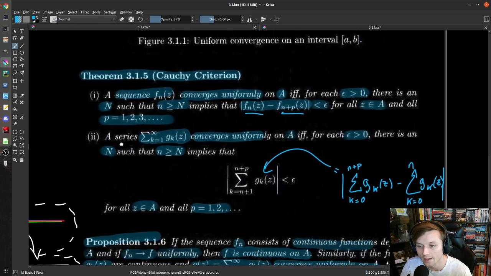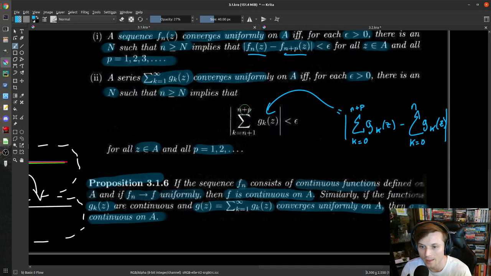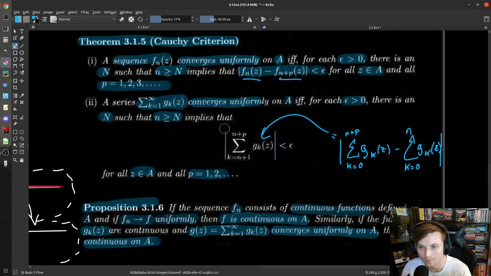So that gave us uniform convergence, and we were like, well, what do we care about this for? Why does it even matter? And the answer came about after we talked about some useful lemmas, some additional pieces, the Cauchy criterion.